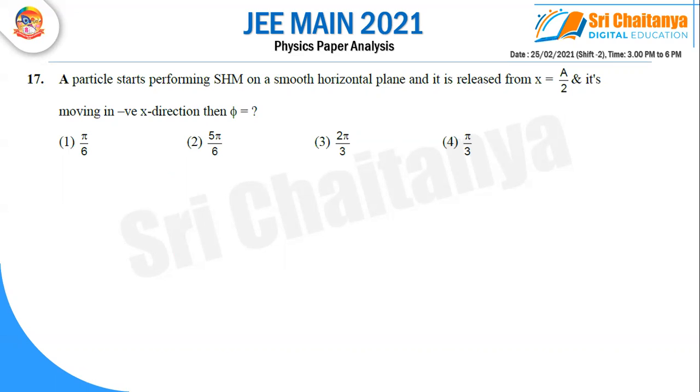a particle starts performing SHM on a smooth horizontal plane, and it is released from x is equal to a by 2, and it's moving in negative x direction, then phi is. So it's moving along negative x direction.